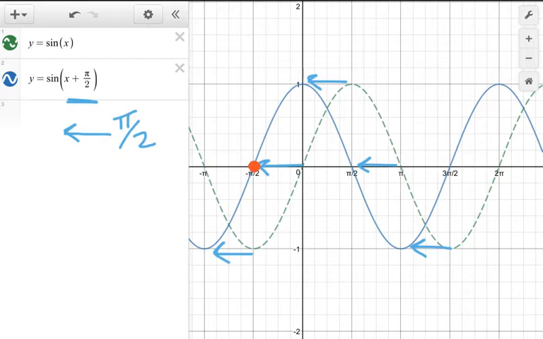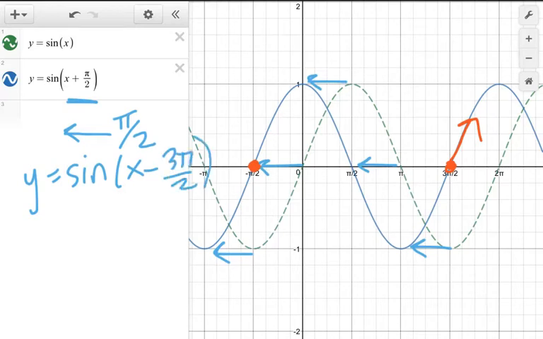I could see it here, right to the left of the y-axis, pi over 2 radians, or I could think about it as here, because this 3 pi over 2 is also on the midline, and the sine curve travels up from there. So I could say y equals sine of x minus 3 pi over 2, and that equation would get me the same exact graph.